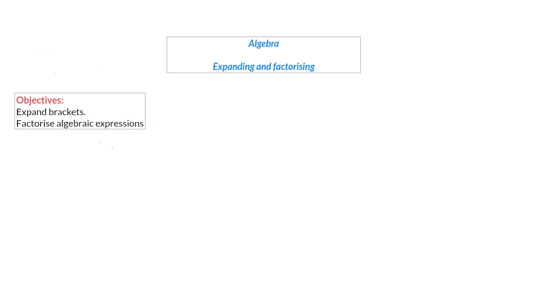Now, did you know that this is the first thing I'm going to say to you: algebraic functions have the same rules that you use for numbers. I'll say that again.